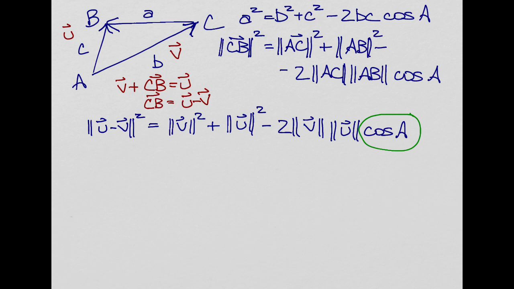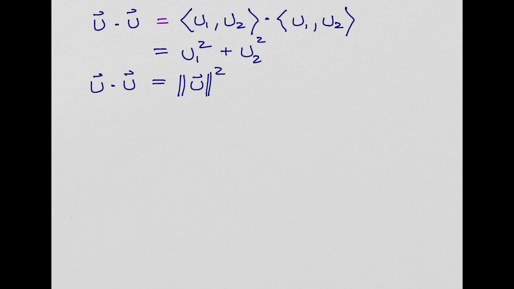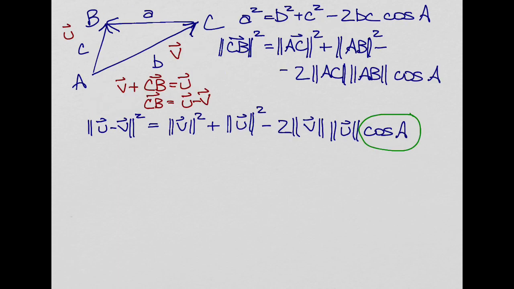Well, this fact that we showed a little while ago, the magnitude of a vector squared is equal to the dot product of that vector with itself. Now's the time for that. I'm going to use that here.